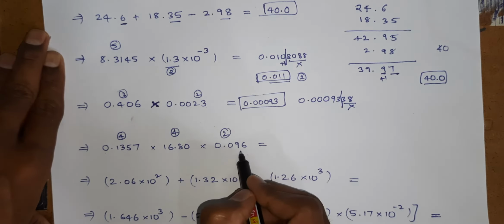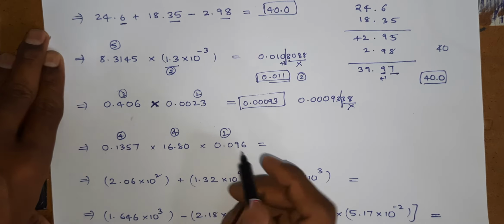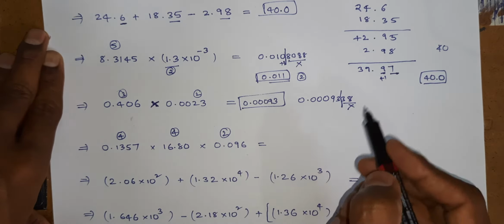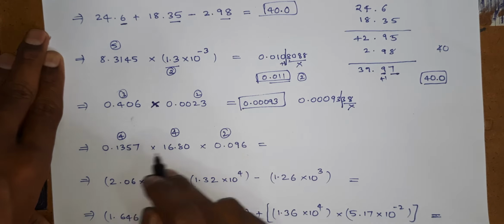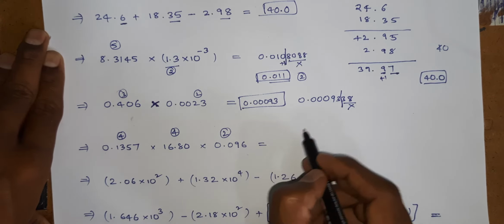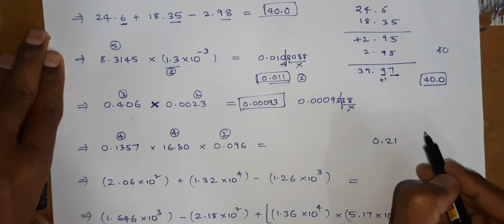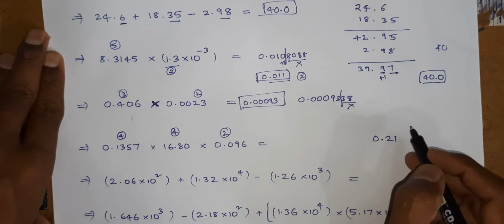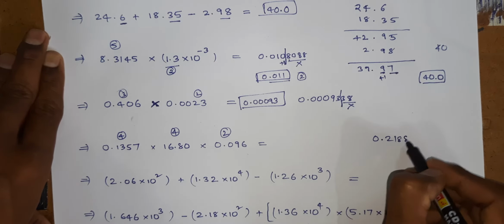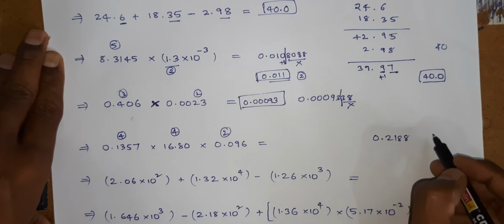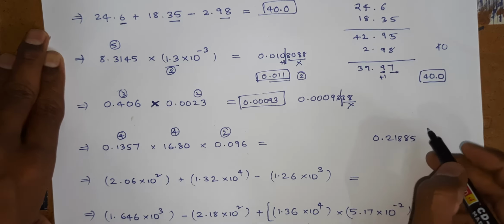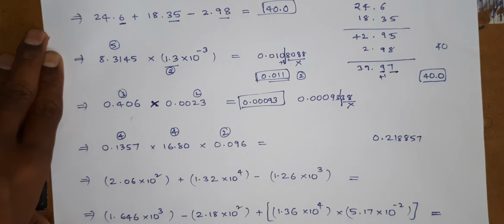The least significant is 2, so the answer should be in two significant figures. If you multiply all these measurements, you will get 0.21218857 something.